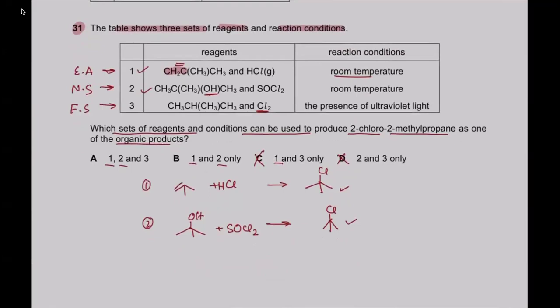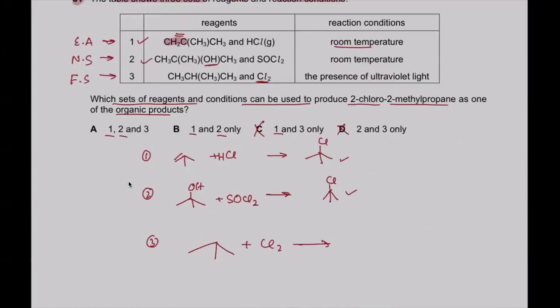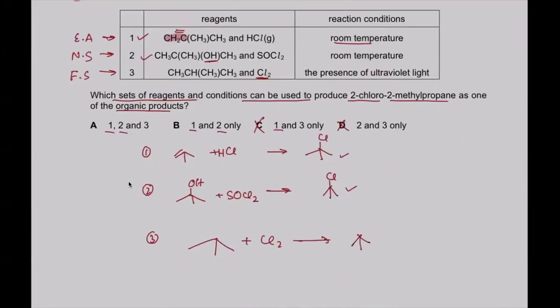In the third one, if you see, it's just this. If you react with chlorine, there is a chance that you will get chlorine substituted over here. So reaction 3 also gives it.